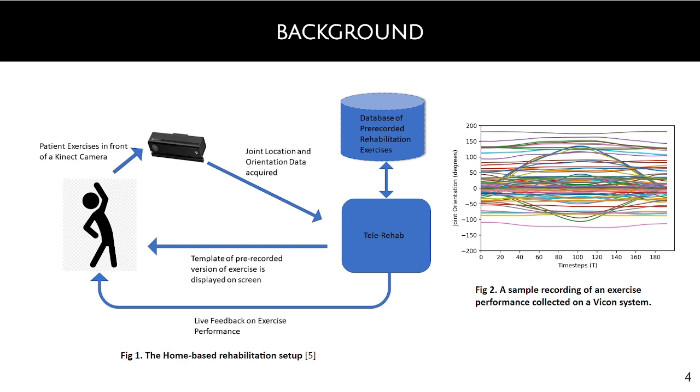Once the patient finishes their performance, the data collected on the mocap device is passed to a processing unit which compares this performance with a database of pre-recorded performances and rates the performance, thus giving the patient the movement quality assessment at their home in an unbiased manner. Figure 2 shows the data collected on the Vicon mocap system for an exercise.